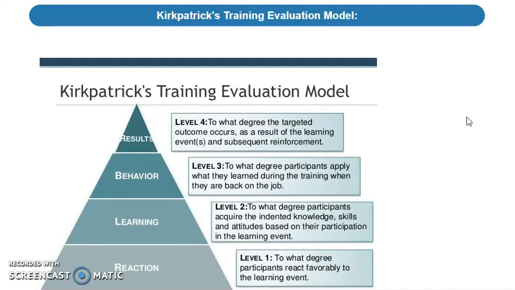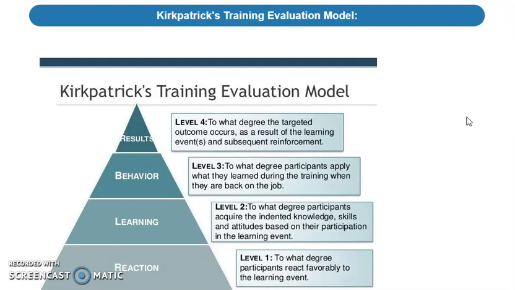Next thing it looks at, to what degree did they acquire new knowledge? And that's where you start looking at different tests and the summative test. And then you move to behavior. Are they able to actually apply what they learn? And then finally, the results, where you look at down the road, and are the results different? Now, in education, this is a little more challenging. Obviously, we can do student reaction to get the reaction level.